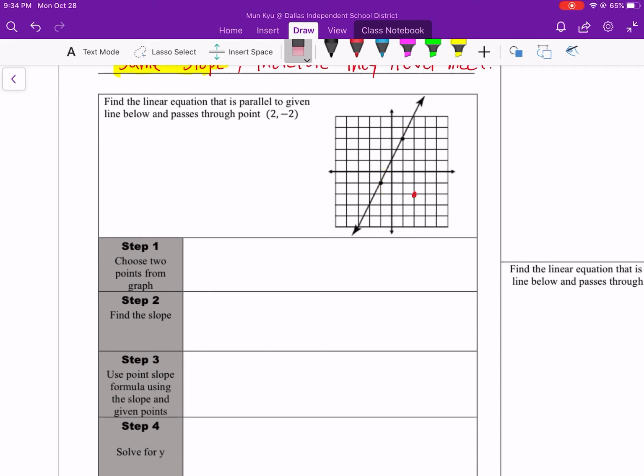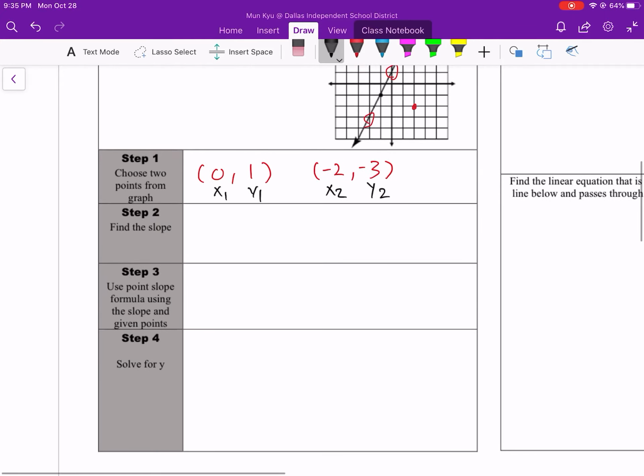In this video, I will use this and this, which is going to be (0, 1), and the other one is going to be (-2, -3). All right? Now let's label it x1, y1, x2, y2.